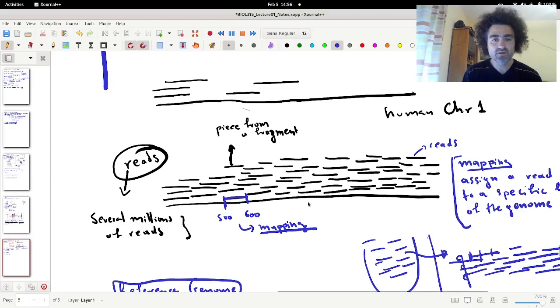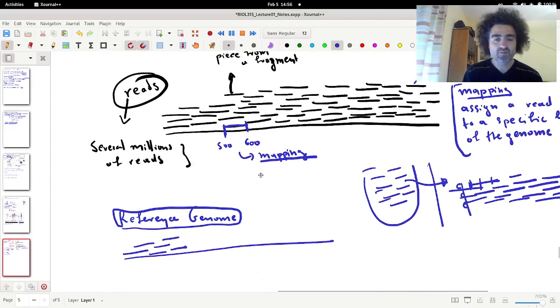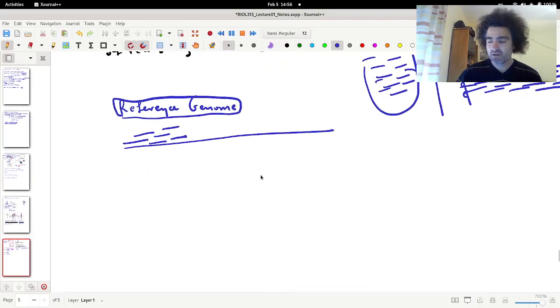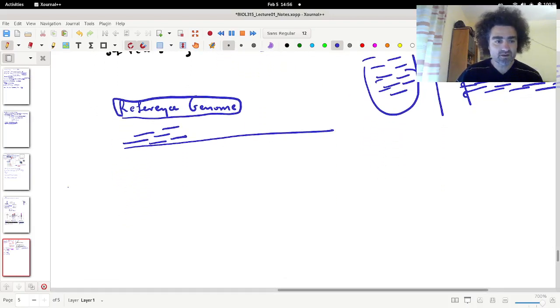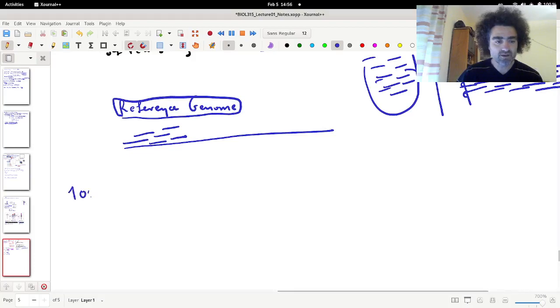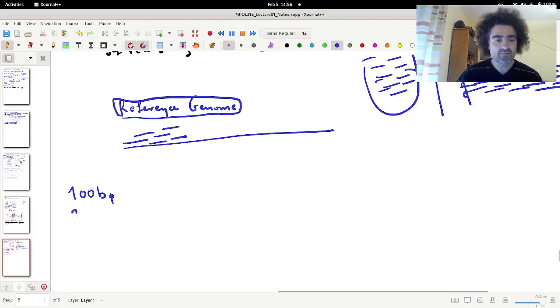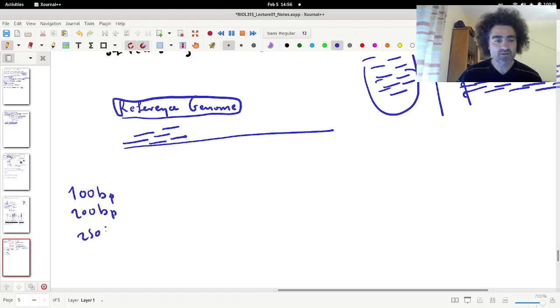Okay, and now in the next video we will see what these reads look like. Just to mention before going to the next video, I said before that some years ago Illumina had pieces of DNA that were 100 base pairs. This depends on the technology and the sequencer that we use. I think now we have 200 base pair reads or 250 base pair reads.